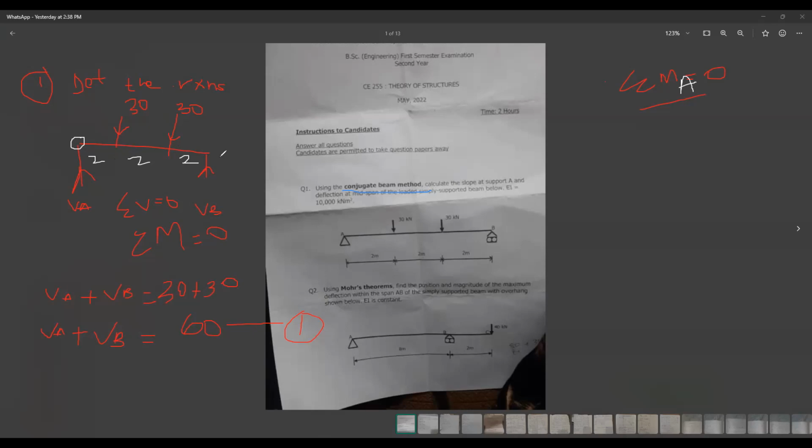Wherever you take your moment, you consider the directions which you are considering positive. So which direction are you considering positive? Maybe clockwise, anti-clockwise. You see, these forces are going to rotate about this axis. This is going to cause a rotation like this about it. This one too is going to cause a rotation like that.